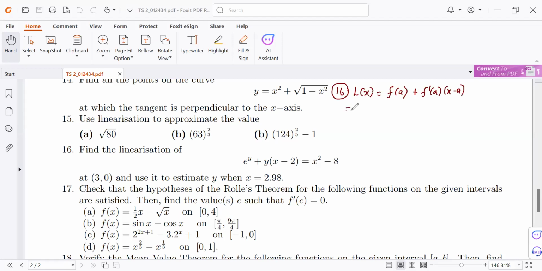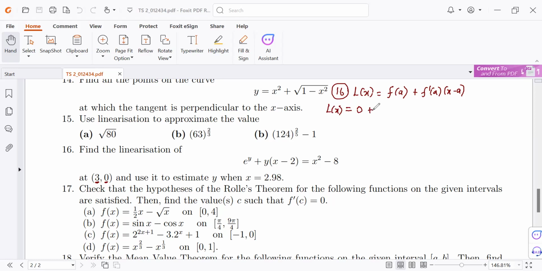So f of a is already known. Since our a is 3, we want to use 3. So when our a is 3, our f of a is 0. It means that f of a is 0 plus f prime of a. So now we come here. f prime is dy/dx.